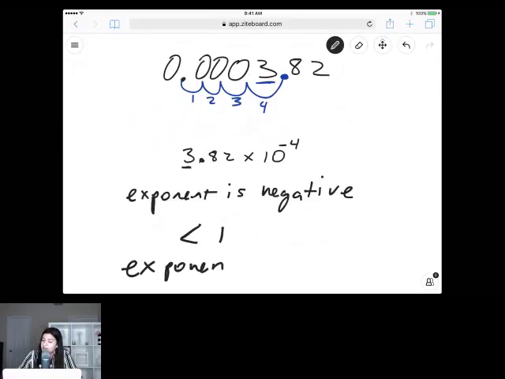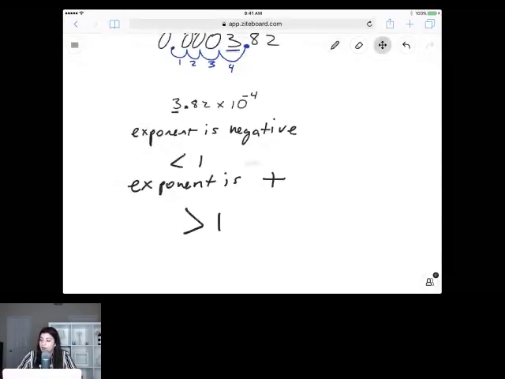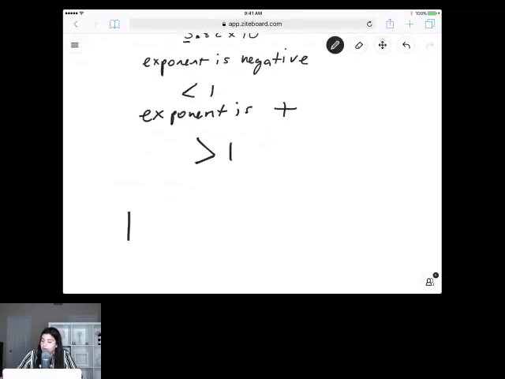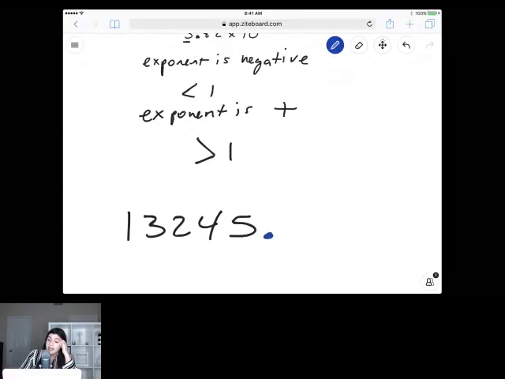Our exponent is positive when the number is greater than 1. So 1 and above will have a positive exponent. I'll show that example right now. Let's say we had a very, very large number. We look for where our decimal place would have been, and it is always at the very end, where that 5 is in the ones place.